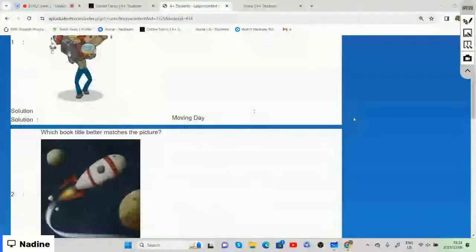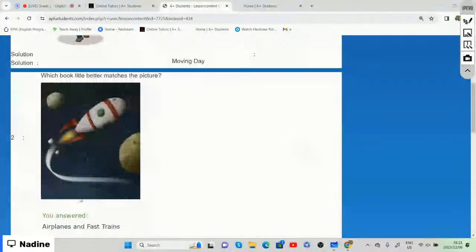All right, so if we look at the solar system over there, which book title better matches the picture? If you look at that picture, we see the solar system.